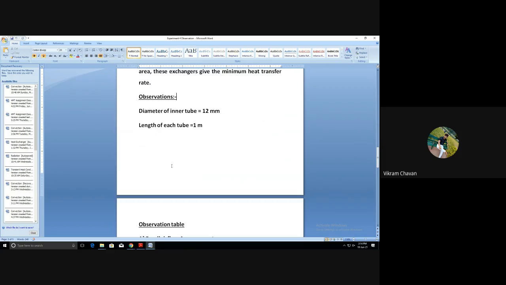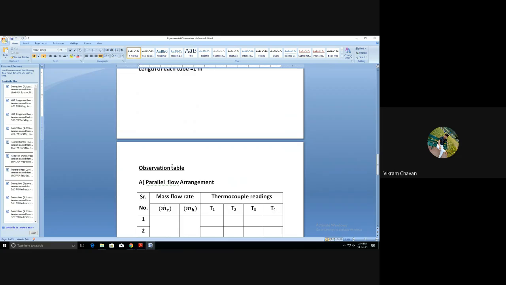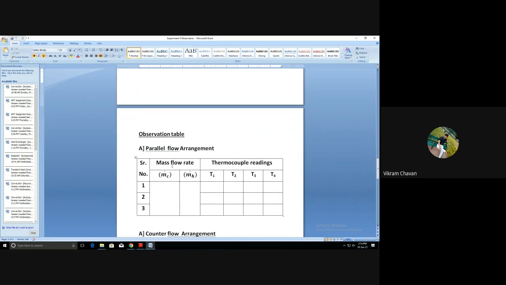Okay, so further we are going to take the observations for the parallel flow arrangement and the counter flow arrangement. In that case you require the mass flow rate. For the final result, you require the mass flow rates of the cold fluid and the hot fluid, and the thermocouple readings: hot fluid inlet temperature, hot fluid outlet temperature, cold fluid inlet temperature, and cold fluid outlet temperature.